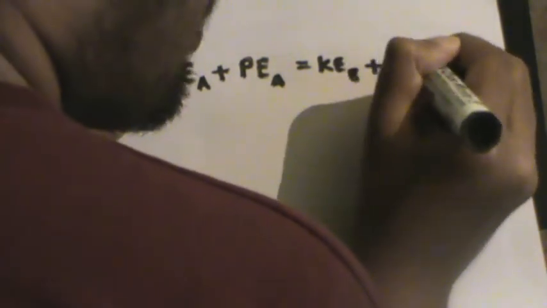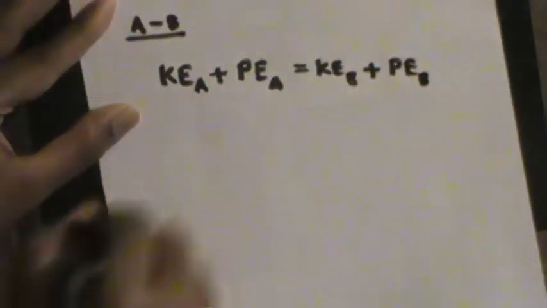So the kinetic energy at position A, KE_A, plus the potential energy at point A, should be equal to the kinetic energy at point B plus the potential energy at point B. So this is from the conservation of energy.